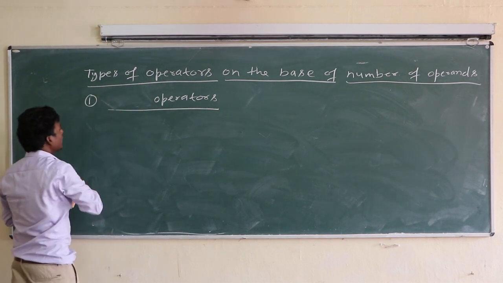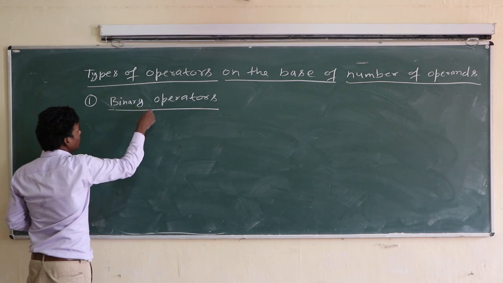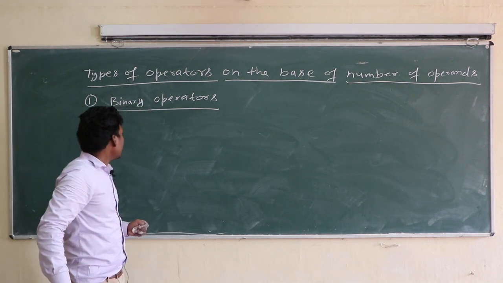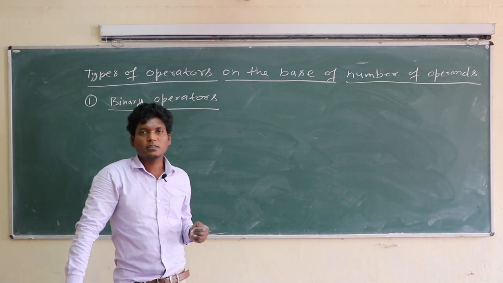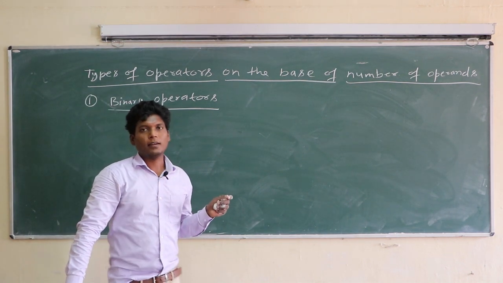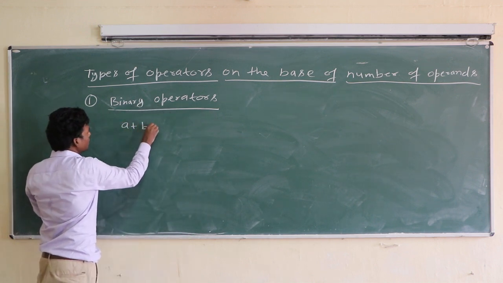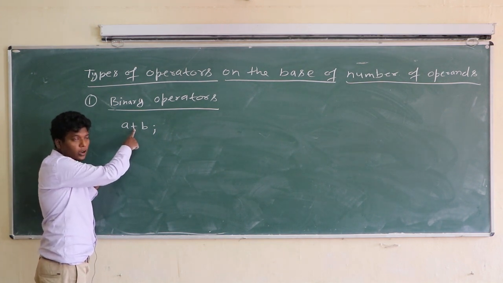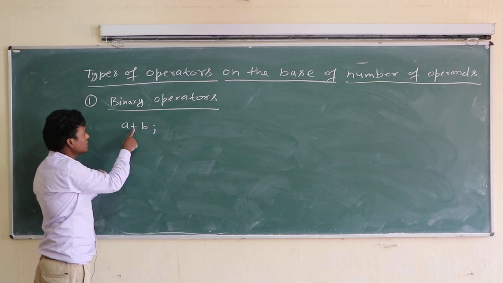Now binary operators. Binary operators are those operators who work with two operands. Example, a plus b. So this plus is a binary operator. This plus is not unary, this is a binary plus.